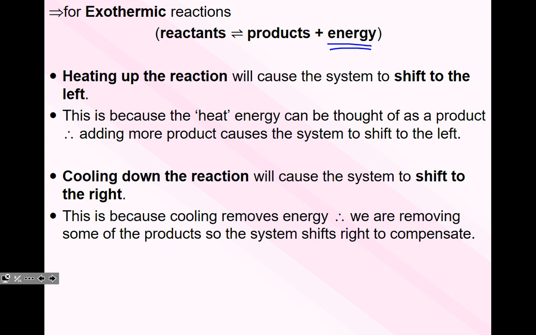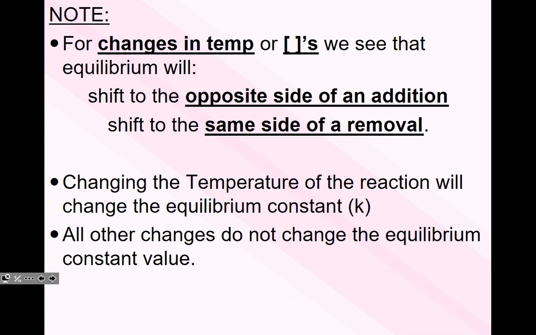So that's pretty good. So note, for changes in temperature or concentration, we see that equilibrium will shift to the opposite side of an addition and shift to the same side of a removal, okay? So that's like a general rule that pretty much always makes sense. Changing the temperature of the reaction will change the equilibrium constant, okay?